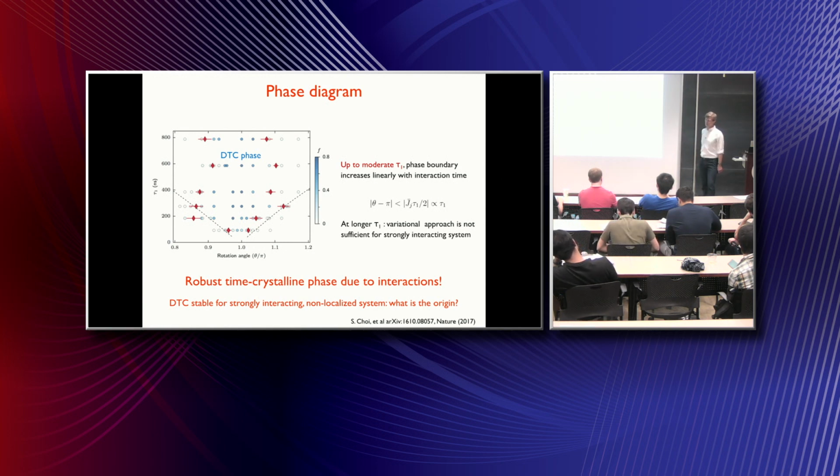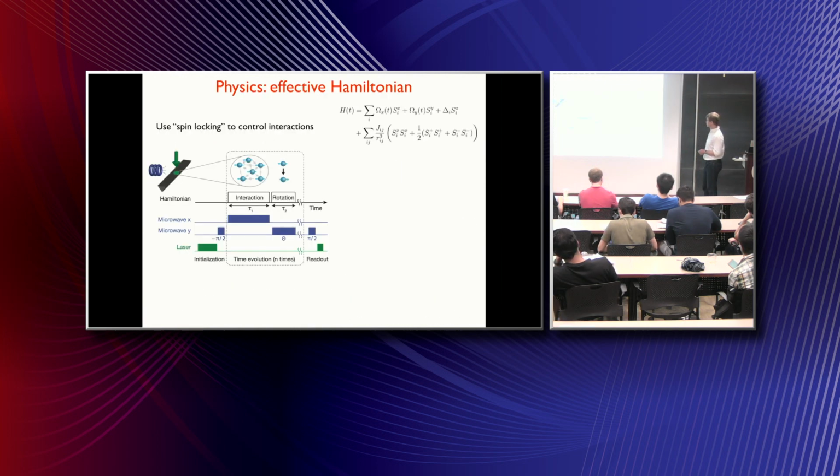Yeah. How do you turn on the interactions during the microwave, the y microwave pulse, the rotation? So yeah, that's a very good question. During this interaction period, I apply a microwave pulse with a phase that points along the x-axis, and that's where we have this Hamiltonian.